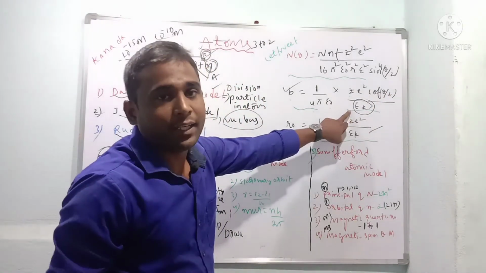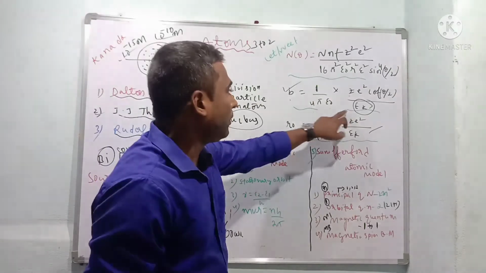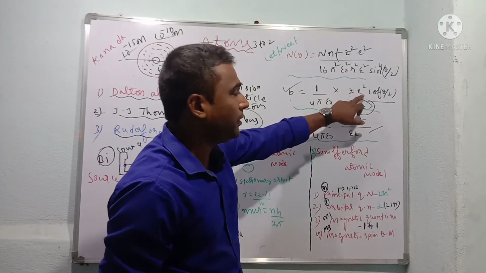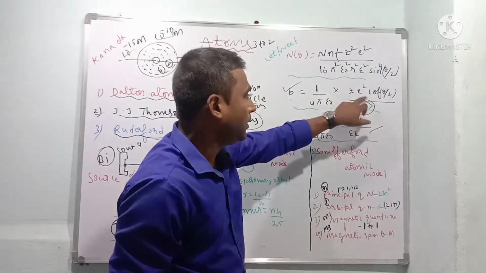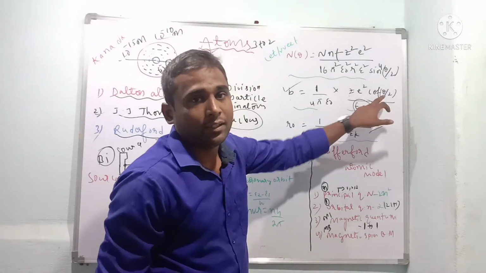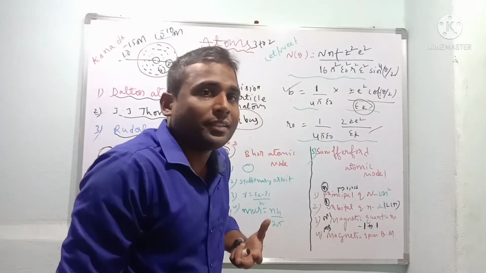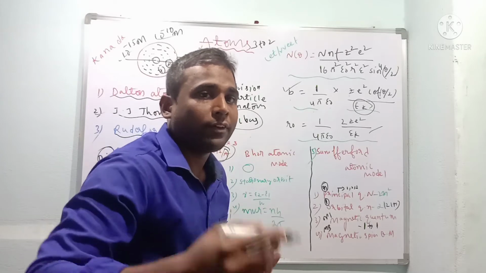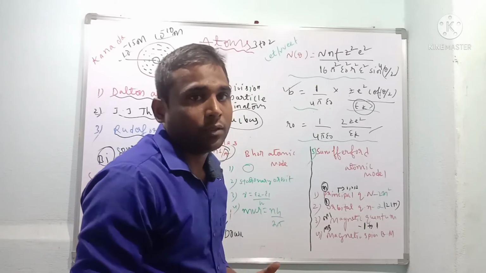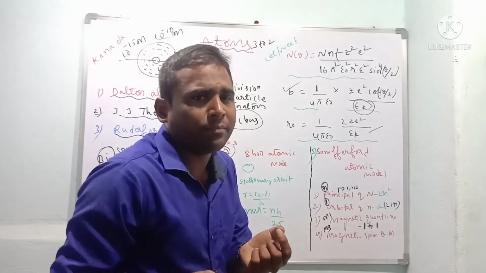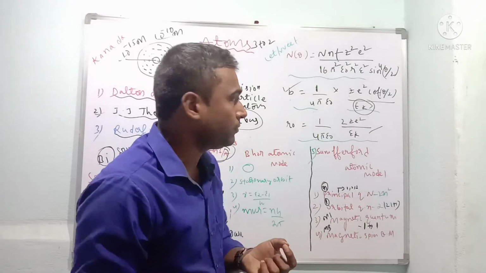So what is Ek? Kinetic energy. And what is Z? Atomic number. e means charge of the electron. Now this is the scattering angle. Students, a large scattering angle means a large number of alpha particles are produced. At small angles, fewer alpha particles will be scattered.